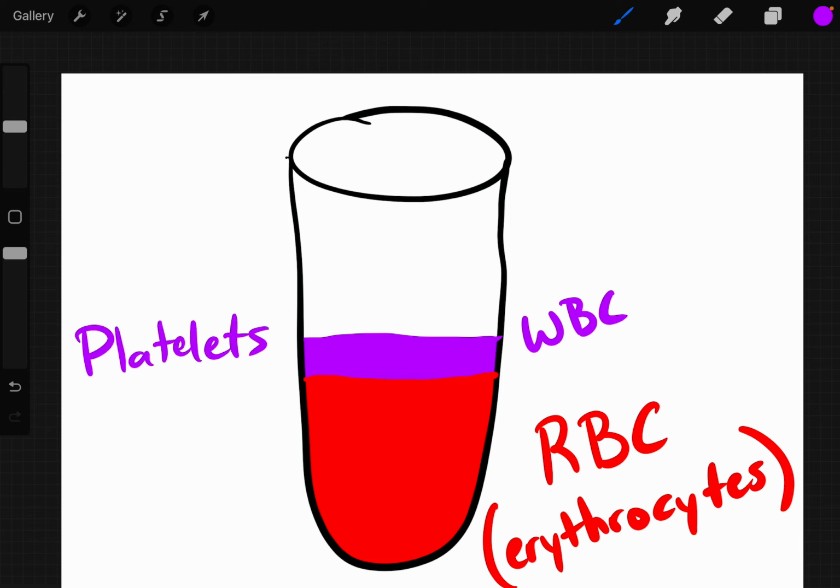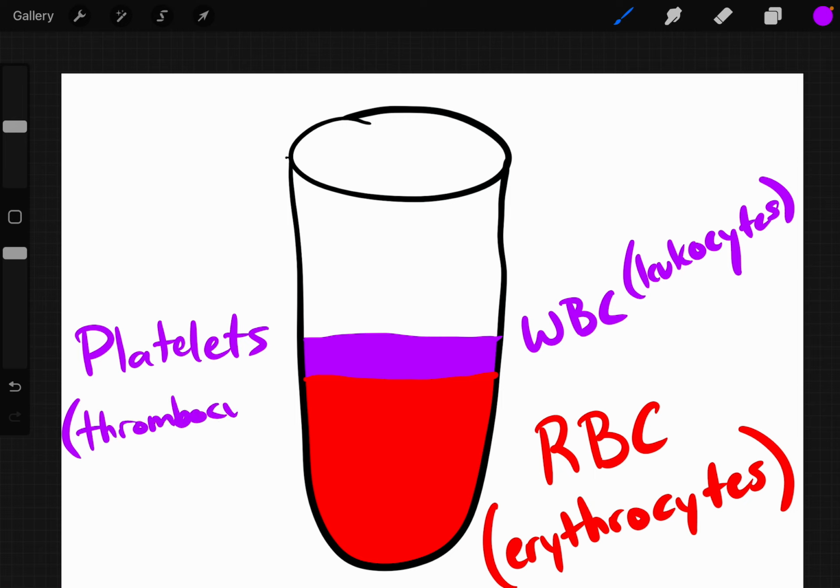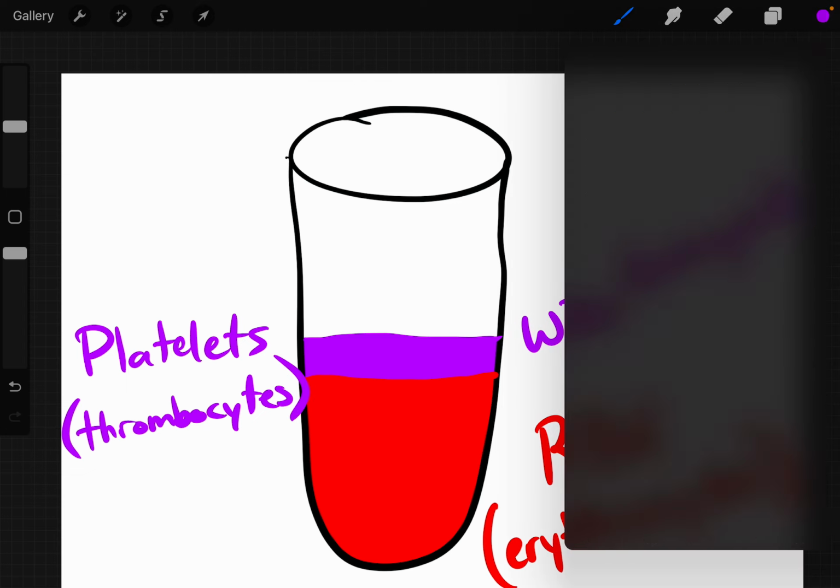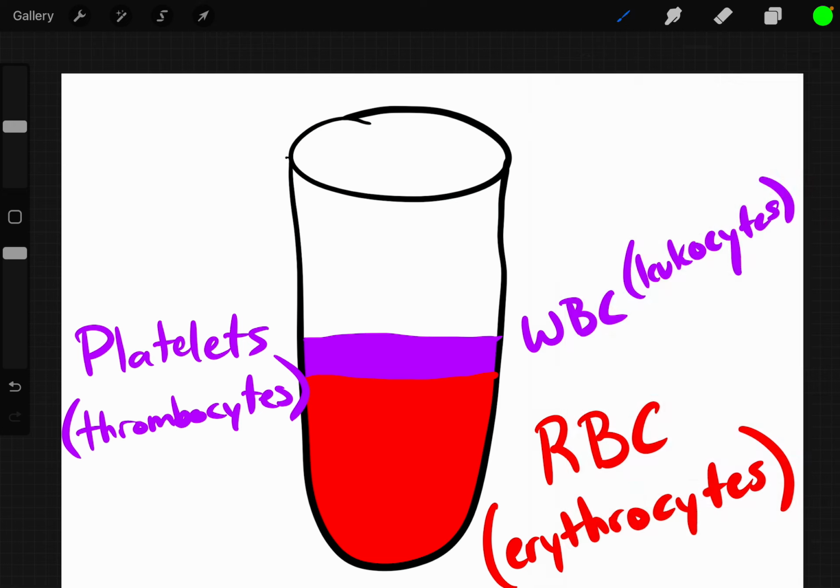The white blood cells we're going to call leukocytes. The platelets are going to be called thrombocytes. So all of this is just other ways of saying the names of each of these. Red blood cells are erythrocytes. It means the same thing.